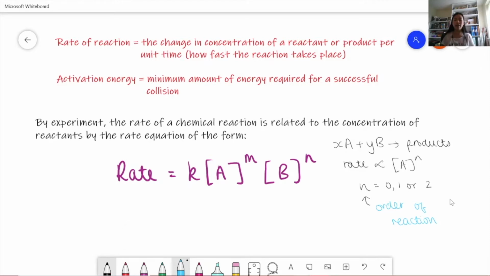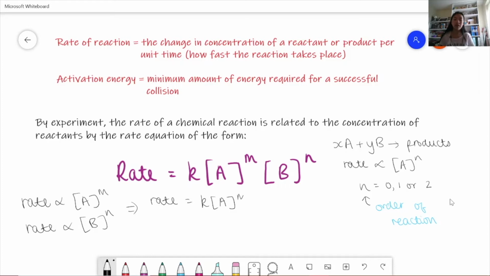If the rate is directly proportional to the concentration of A to the power of, let's say, m, and the rate is also directly proportional to the concentration of B to the power of n, then that means the rate is equal to k times the concentration of A to the power of m, and k becomes a rate constant.